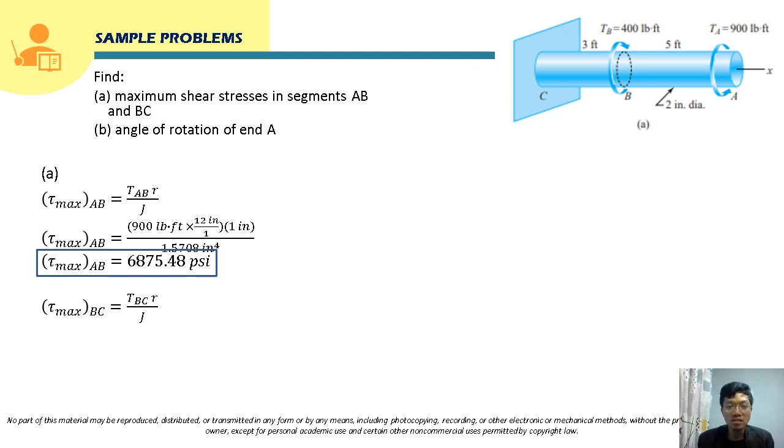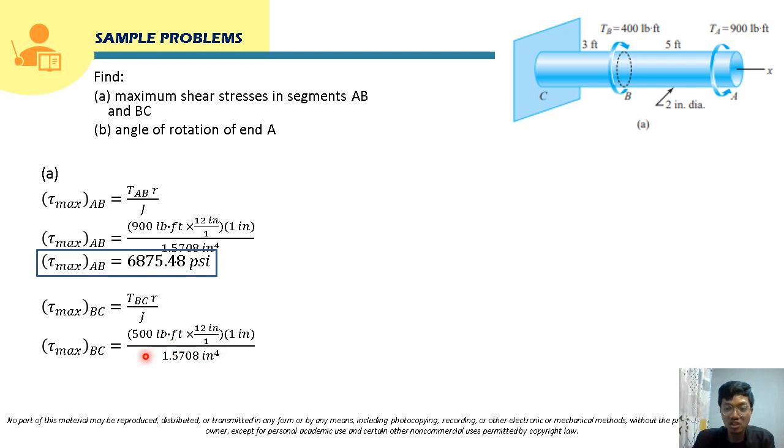Now for segment BC, that will just be T, or the internal torque at segment BC, times R over J. The internal torque at segment BC is 500 pound-feet, so we convert feet into inch by multiplying by 12, and then times the radius, that is 1 inch, over 1.5708 inches to the fourth.